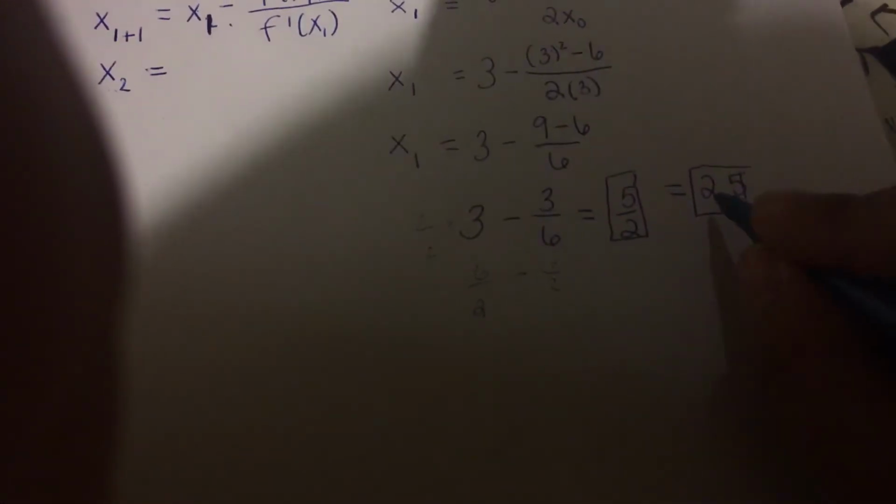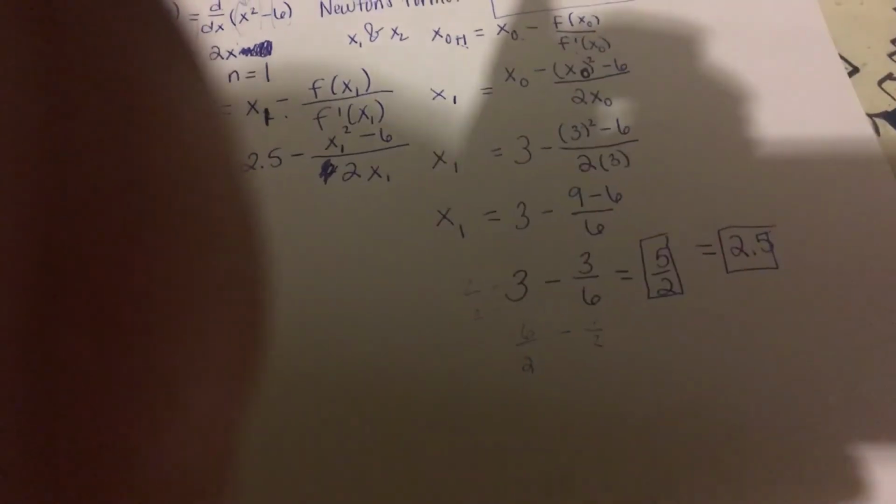So our x sub 2 is equal to x sub 1. We already know what that is, which is 2.5. 2.5 minus, alrighty, so our f of x, let's put an x squared over here, this is our 1, minus 6. Our f prime of x is just 2 x sub 1.